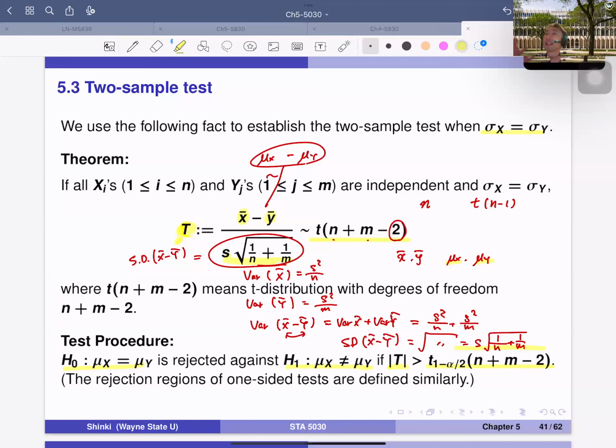Basically, we want to get two numbers at the same accuracy level. So if sigma x and sigma y are the same, then the same sample size maximizes our resources to know the truth.